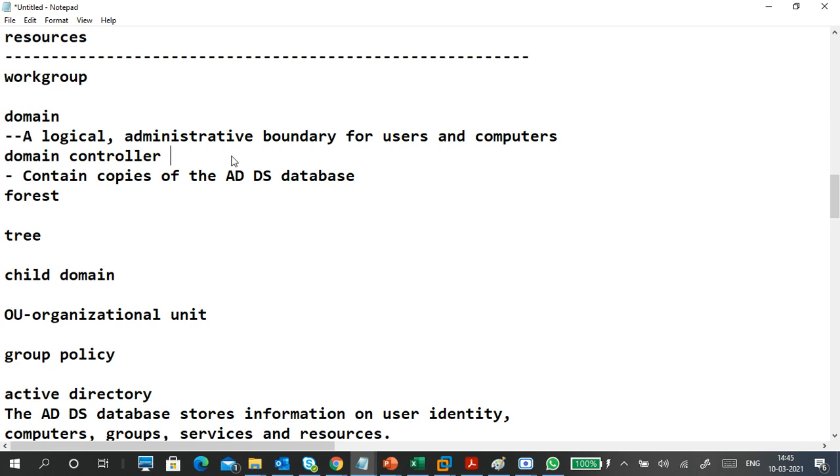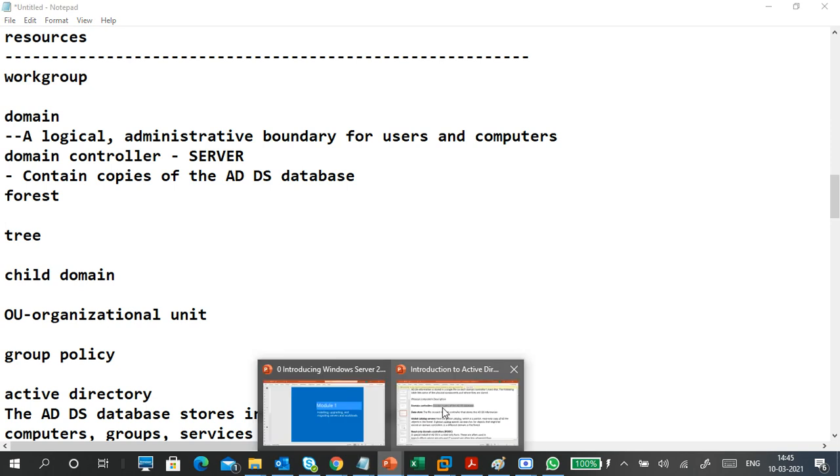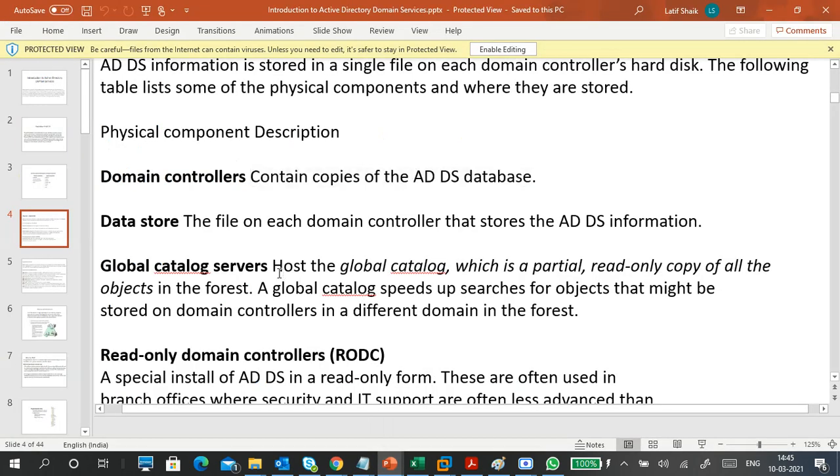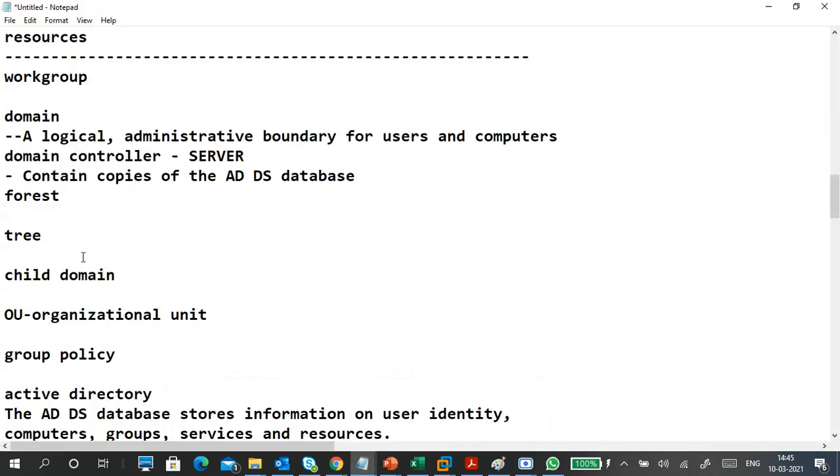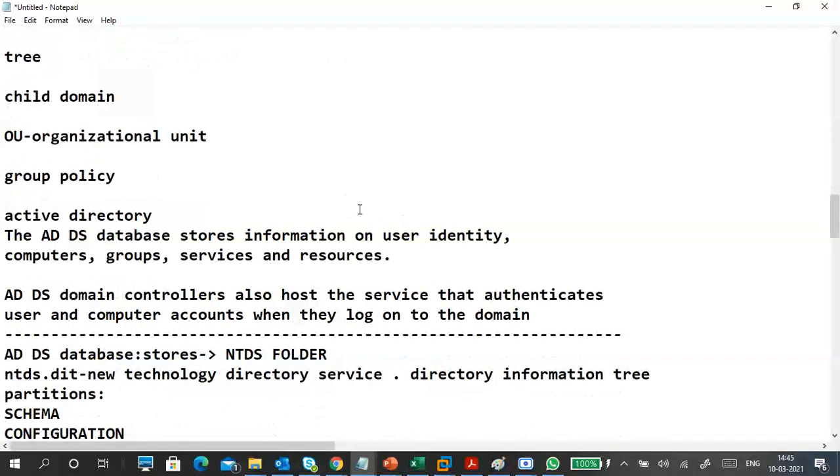So your domain controller is nothing but a server, a physical server. So if you have time to read it, you can read it, no problem. Otherwise, I'll put this one also. So better you should have a few definitions.